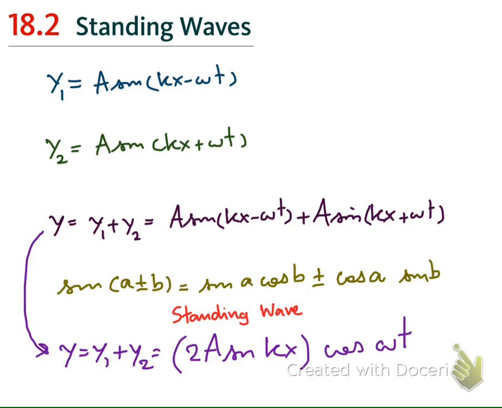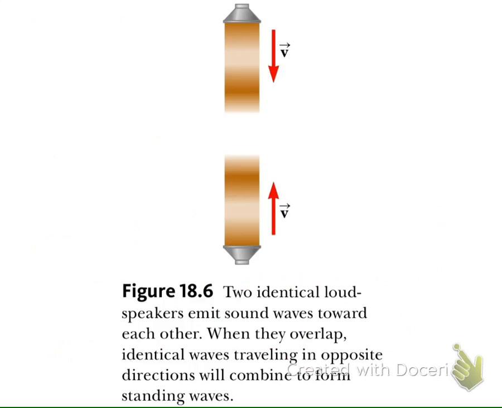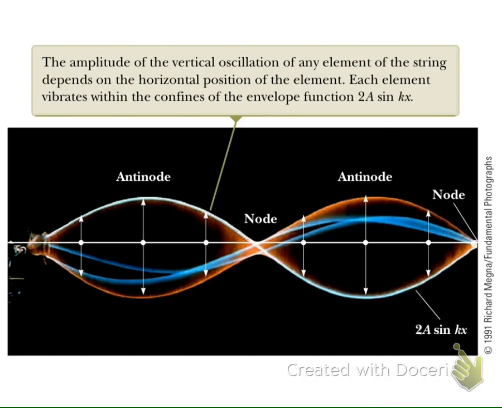Okay, so when we look at the standing wave, like in this figure, we know that this is the wavelength of the amplitude, and also it is the wavelength of the original wave. So we have that this is equal to lambda.